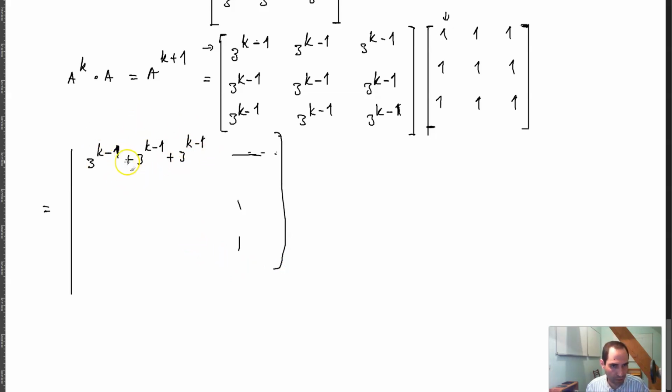If I calculate this one thing, I have 3 raised to the power k minus 1 three times, that is 3 times 3 raised to the power k minus 1, which is 3 raised to the power 1 plus k minus 1, which is equal to 3 raised to the power k. And therefore this is equal to 3 raised to the power k in every entry.